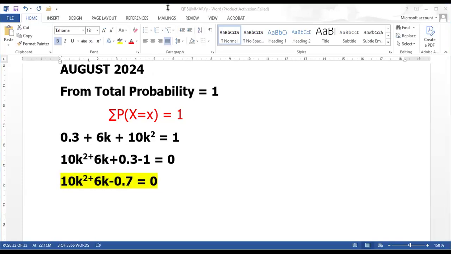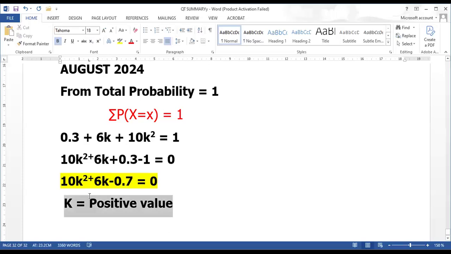Do we use the bulldozer? Yes, you use the bulldozer, then you take k. You will conclude with k that has a positive value, because probability cannot be negative. So that's how you are supposed to do it. Where are you getting the 0.7?